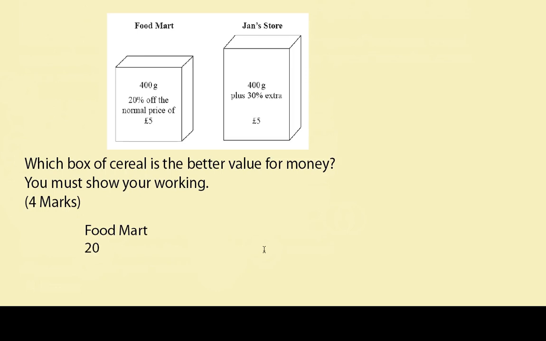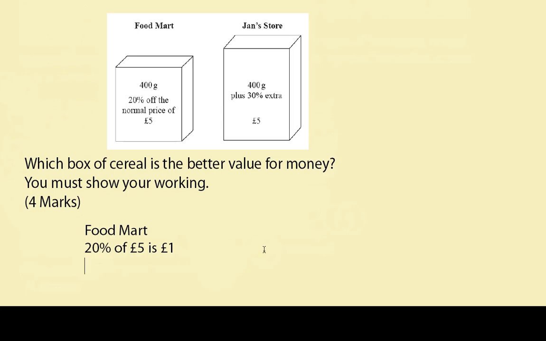So 20% of £5 is well, 20 over 100 is 2 over 10 is 1 over 5. That's 1/5. So 1/5 of £5 is £1. So we need to take that off the normal price.